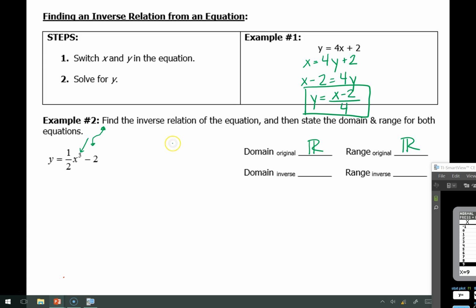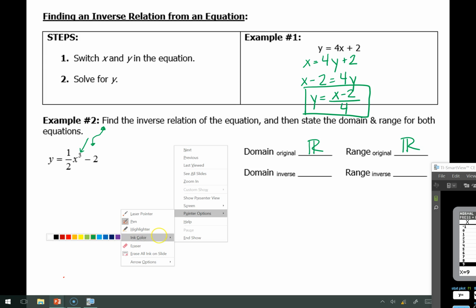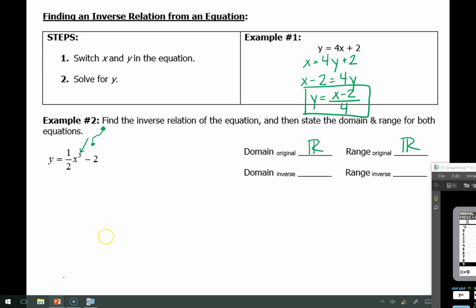So let's actually find the inverse relation for this one now. The first thing that I'm going to do is flip the spots for my x and y. I'm going to swap those. So I'm going to say x is equal to 1/2 y to the third power minus 2. Now I need to add 2 to both sides first if I'm solving for y. So that gives me x plus 2 is equal to 1/2 y to the third power.